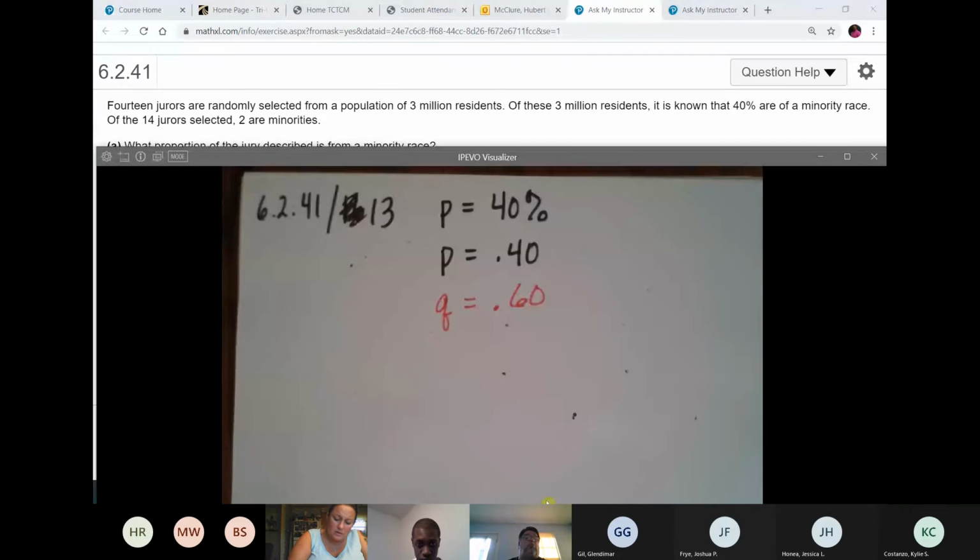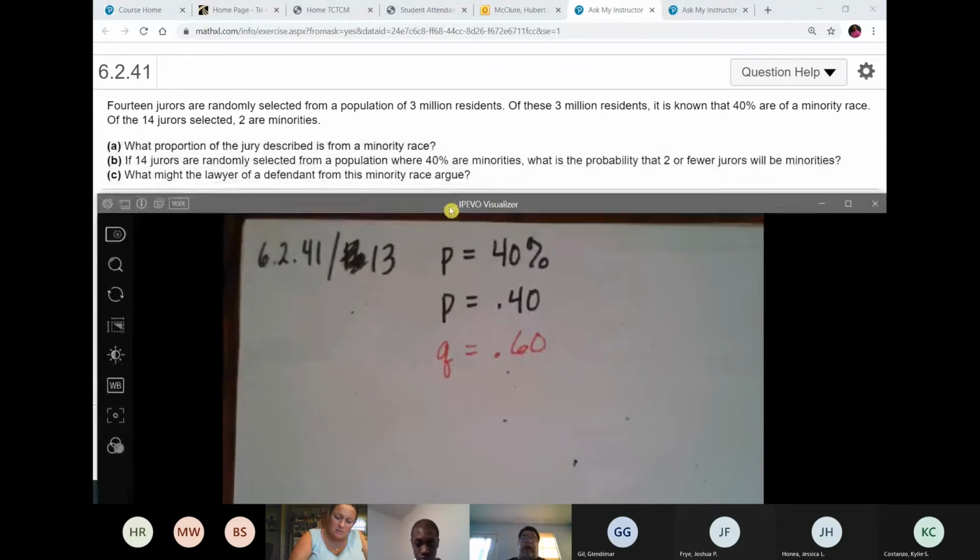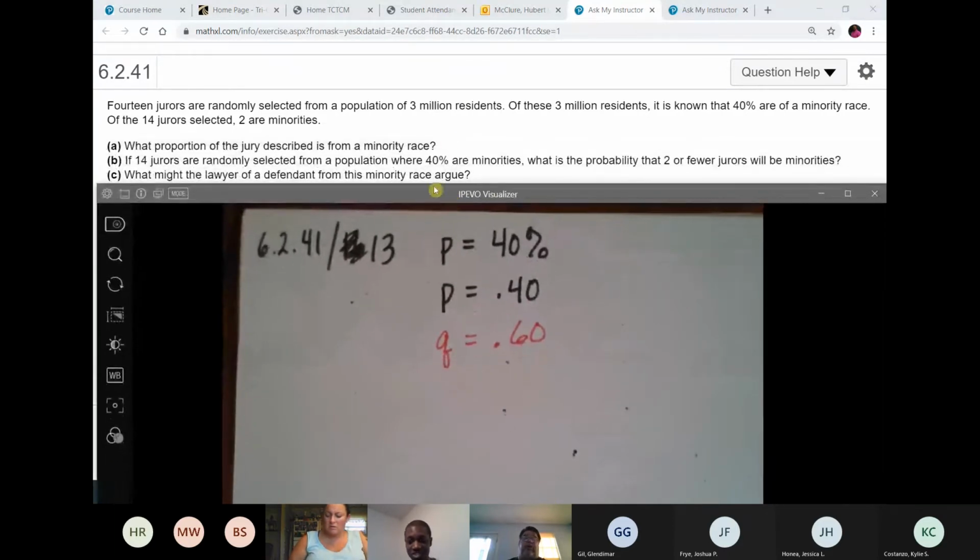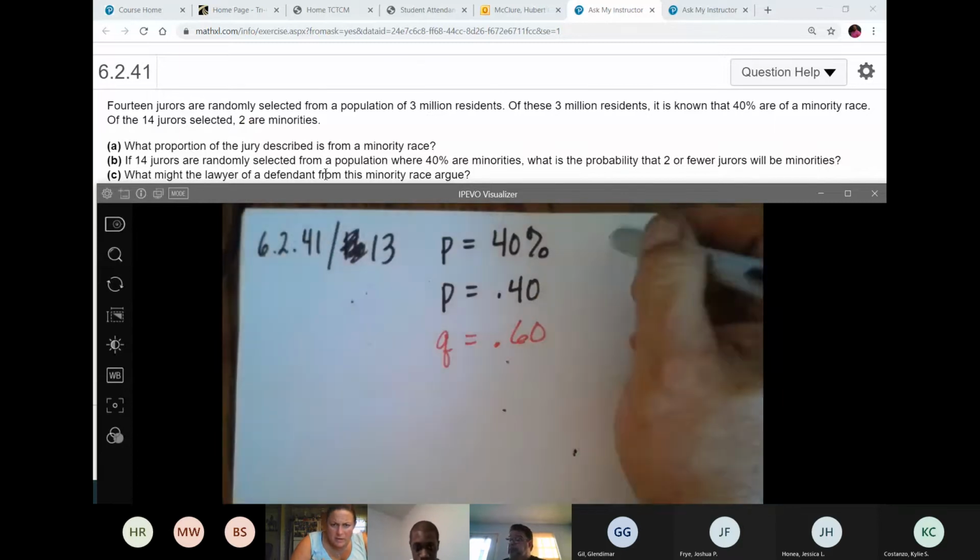I hate the way they word these questions. Well, that's why I go over them, because I know they don't make sense. A, what proportion, and it says right here, of the jurors, 2 are minorities. Wait a minute, where's your N at?